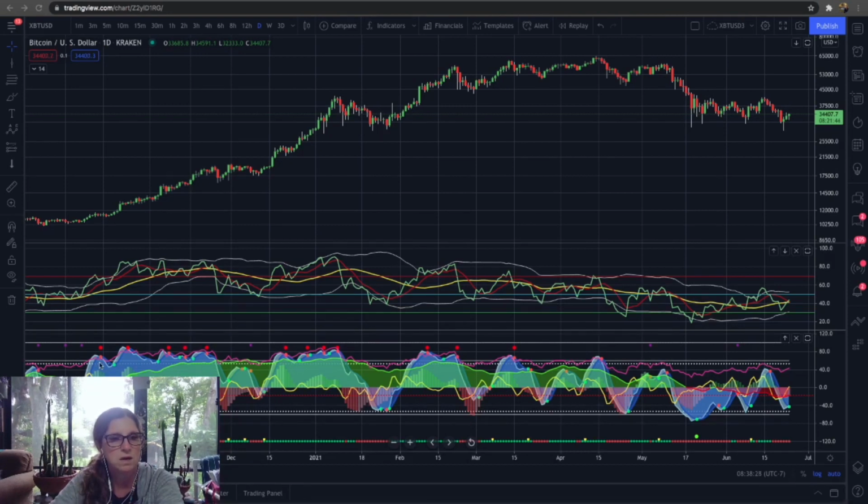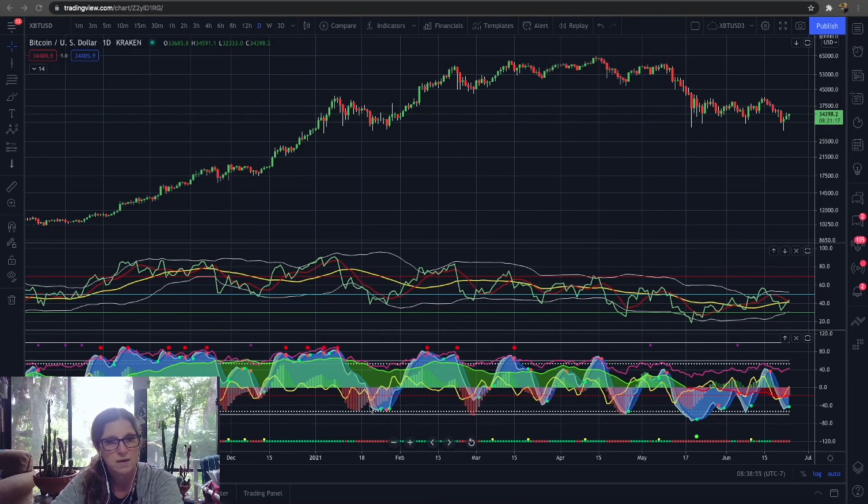So the idea of this is that as long as these waves are on the upside, you're going to remain in an uptrend. It isn't till the white crosses the blue and starts heading down this way and actually crosses the 0 line to make a wave to the downside that you're going to get the correction.